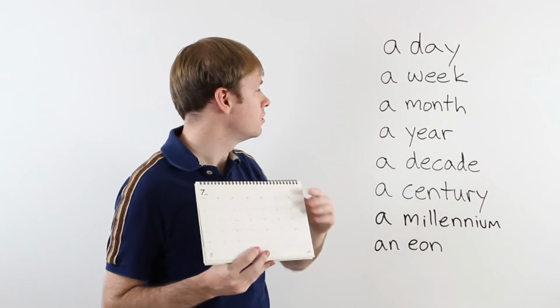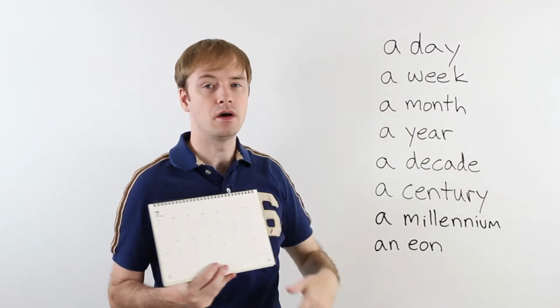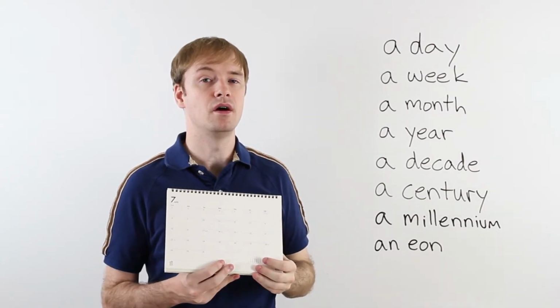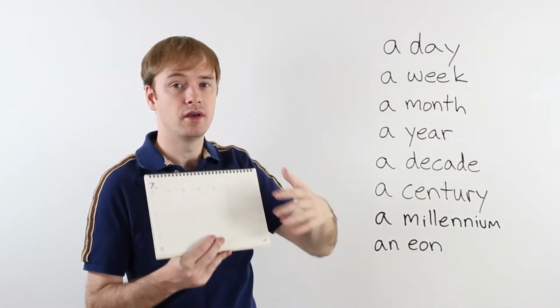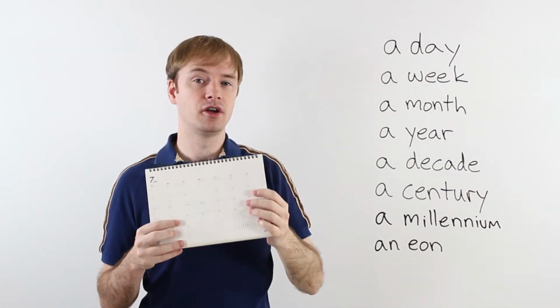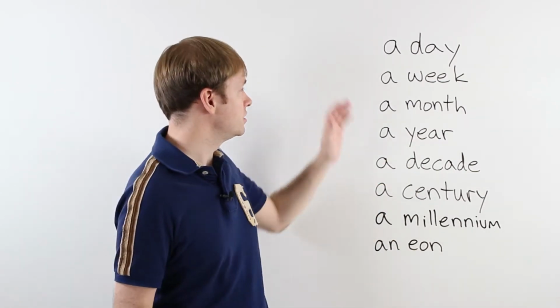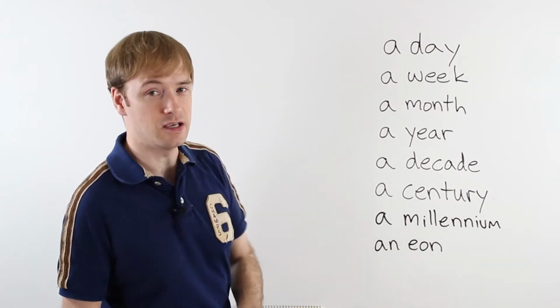A month, a little bit difficult to pronounce. A month, a month. Your tongue has to come out a little bit. A month, a month. So a day, a week, a month, and of course the full calendar, 12 months, that is a year. Okay, so a day, a week, a month, and a year. Those are the easy ones.